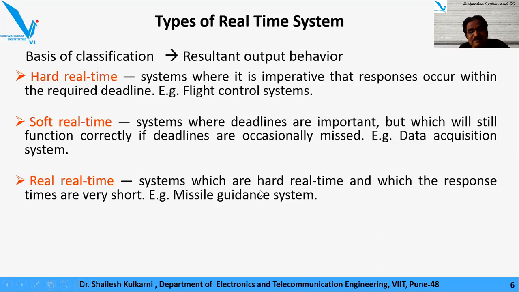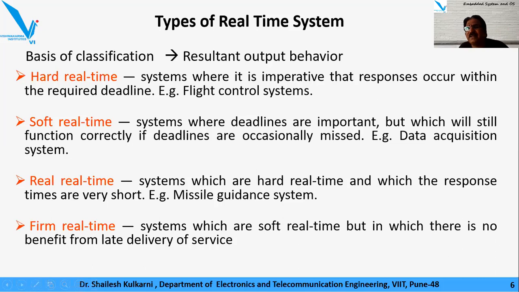And in that case, because of the speed with which the aerial vehicles would be moving, which is too high, the timing that it needs to adhere to for generation of the control signals and actuating signals in order to hit the opponent's target plane is going to be very short, very small. So this is one type that is referred to as a real-time system.